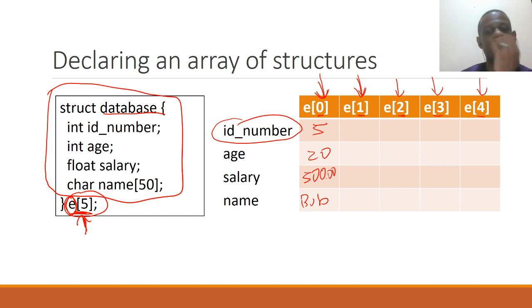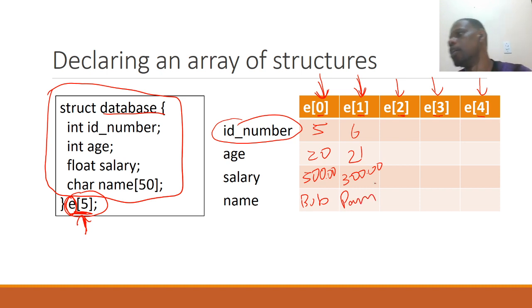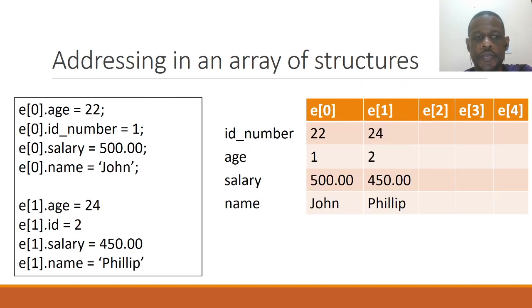So this will be location 0, and then using an array I could do each one of these. Like this one could be ID number 6, age 21, salary 300, and this could be Pam. And you could see how when you use a for loop, you'll be able to loop through that. If I were to address each one, I could fill up all the information in there.